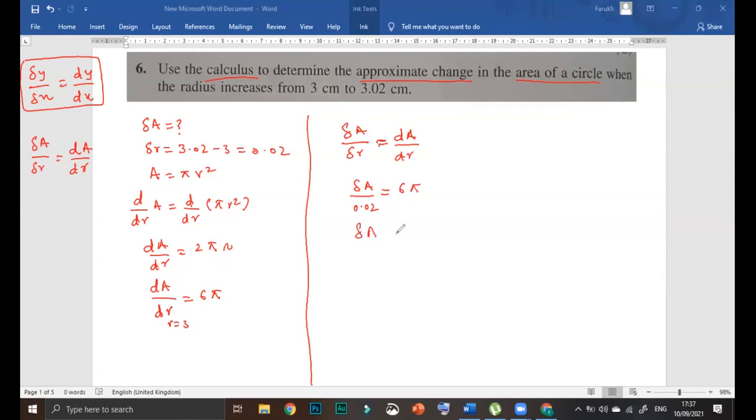So del A is equal to 0.12 pi cm square. Now, if there is a change of 0.02 units in r, the change in A is 0.12 pi centimeter square.